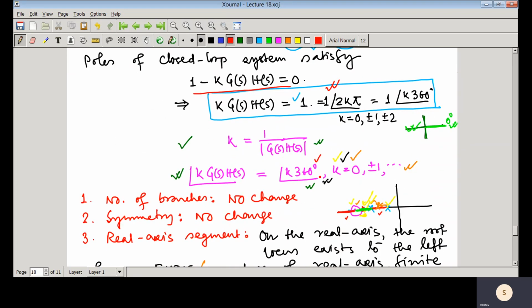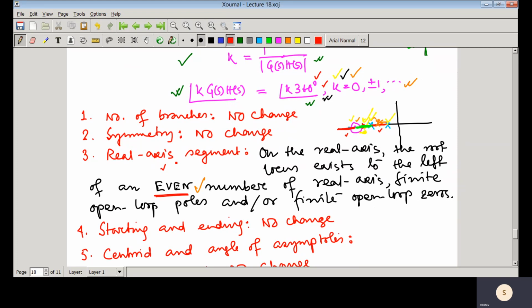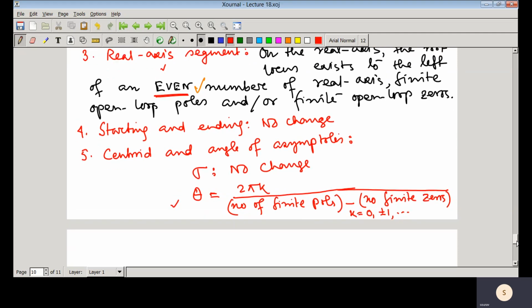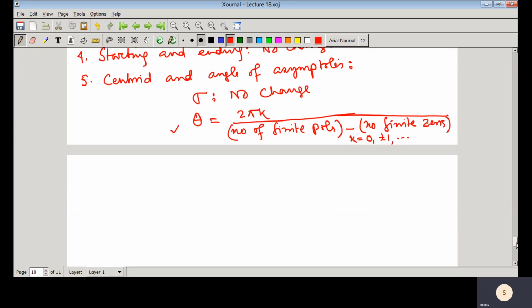So the angle condition is this one, and because of that angle condition there is a change in real axis segment, and there is a change in the formula for finding that asymptotes. And in other cases you can see that angle of departure or angle of arrival, so there we have equated to 180 degree. So in this case it would be 0 degree, or you can write 360 degree. So these are the changes.